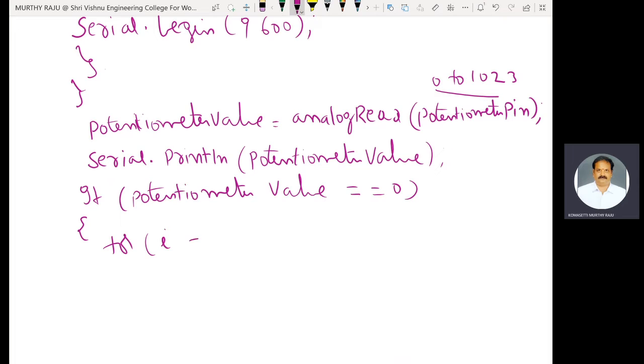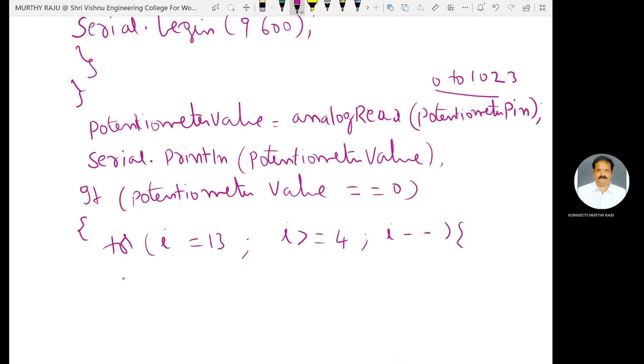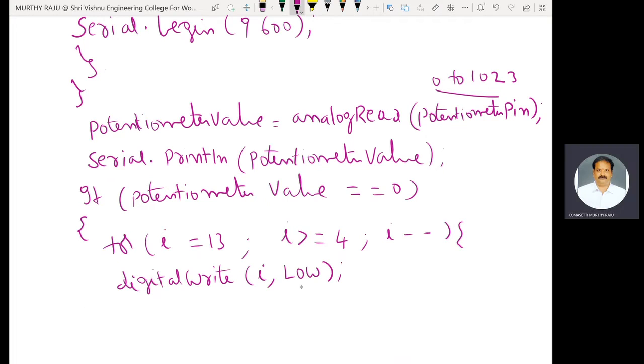For I is equal to 13, I greater than or equal to 4, I minus minus. digitalWrite, all these from 13 to 4 are digital pins. You have to use digitalWrite, HIGH, LOW. LOW means all LEDs are in the off condition. That is the clear state.